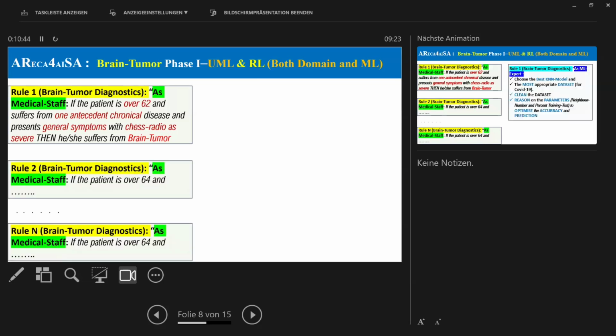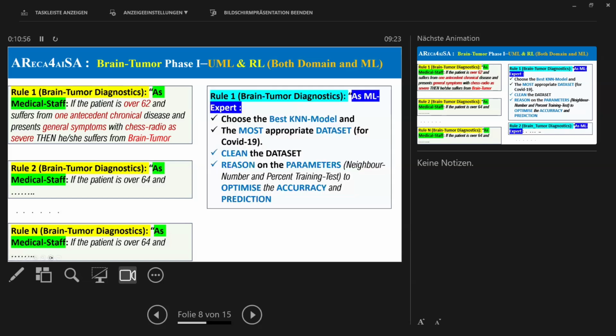As is well known, medical experts base their judgment on different rules. On the other side, the AI or ML expert has to choose the best machine learning model.